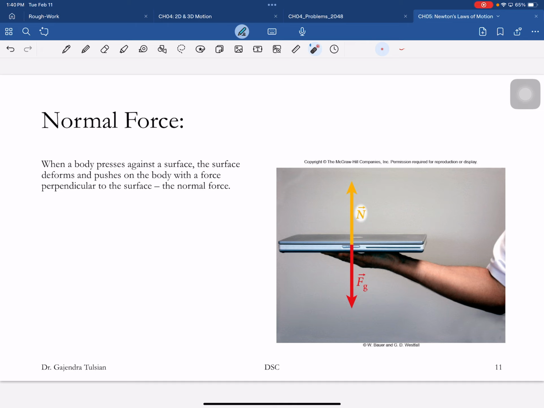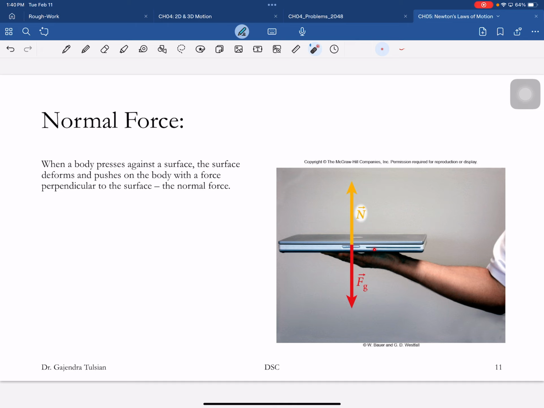So what we're doing now is introducing various forces that you'll encounter in problems. So you'll hear about this thing called a normal force. Let's look at this laptop. Earth is pulling the laptop down. Why isn't the laptop accelerating? Your hand's applying the exact same force. So if it's at rest, this force that your hand applies is equal to this force.